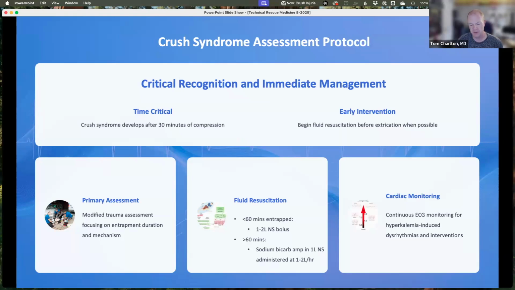Especially as we get close to the point where we're getting ready to remove the pressure and extricate this person, when we're able, we need to try and get them on cardiac monitoring. And the reason for that is because as we begin to release that pressure, that's when the lactic acid and potassium and myoglobin have their opportunity to get out and can cause the dysrhythmias, et cetera.